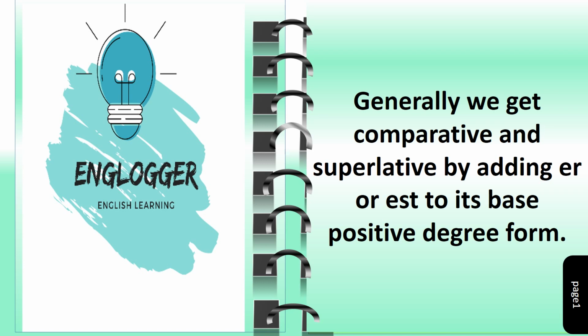Generally we can see these changes in the comparative and superlative degree. We add er or est, whether it is comparative degree or superlative degree. If it is consonant or vowel, we can see in the next slide.